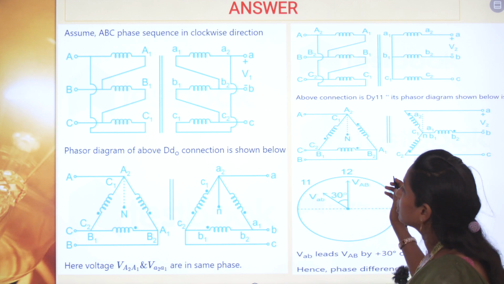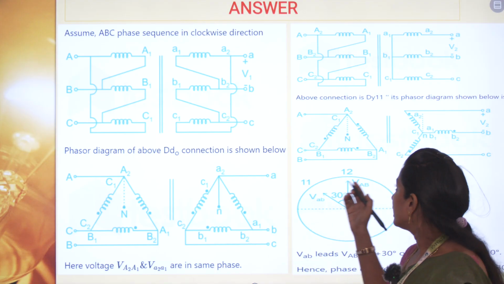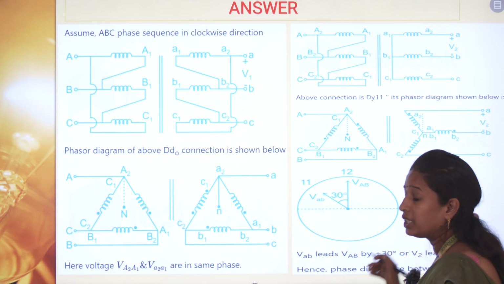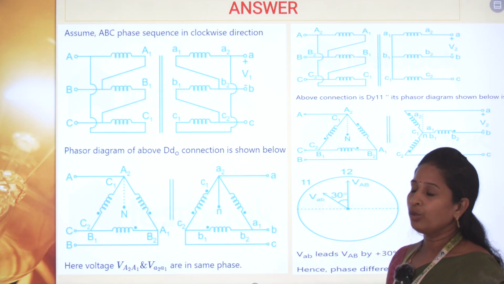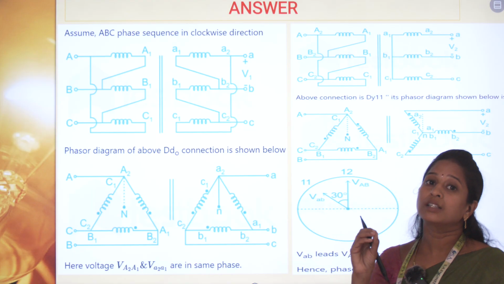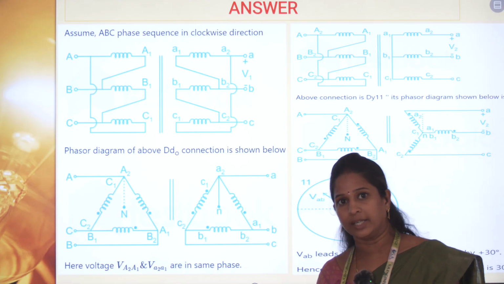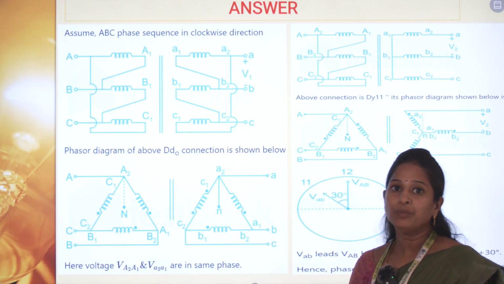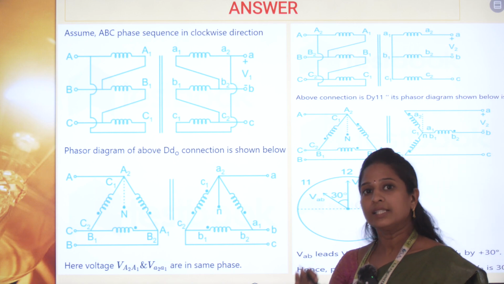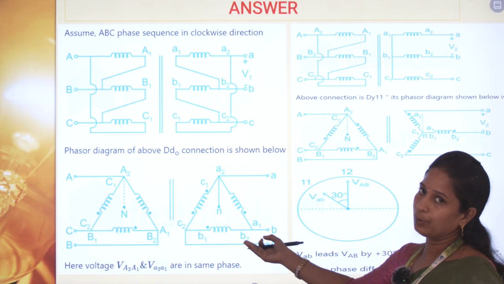When the primary winding and secondary winding are connected this way, we get a 30-degree difference. So when connecting delta to star, it has a 30-degree phase difference, and when connecting delta to delta, we get the same phase, with no difference. So finally this is the conclusion of the given problem.